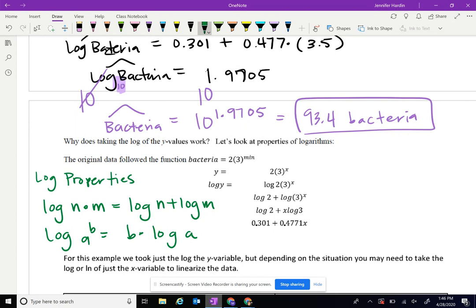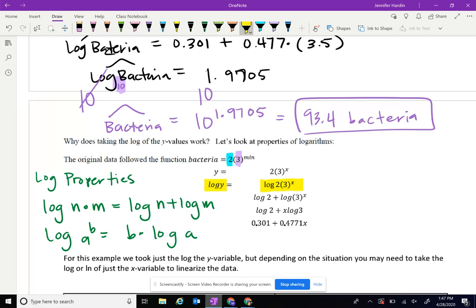So one thing we notice is, in that original function I showed you, y was equal to 2 times 3 to the x power. You started off with a y-intercept of 2, and you were multiplying by 3 each time. And weirdly enough, if we take the log of the y values, that means you're doing the log of 2 times 3 to the x power.